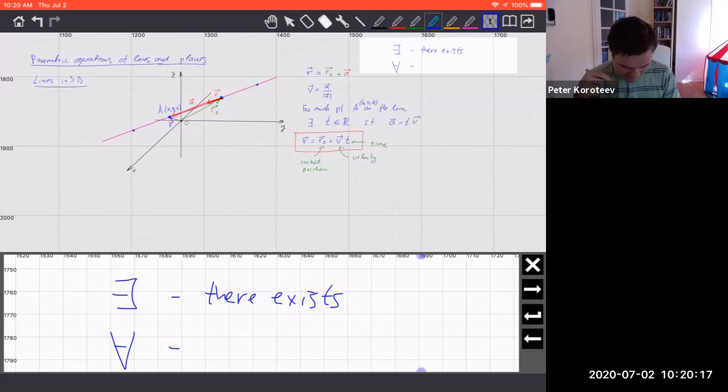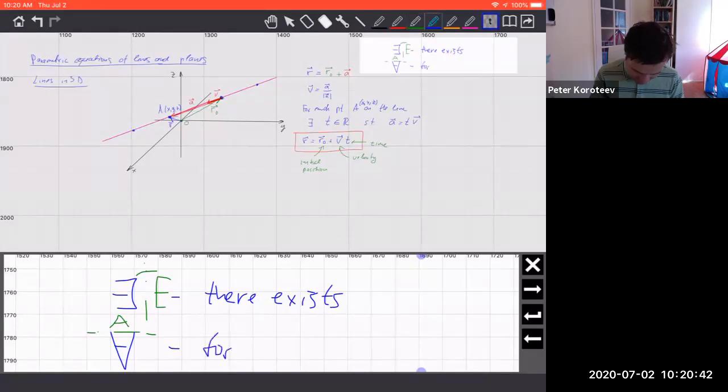Now I draw another symbol. It's the inversion of which letter? Here you can do the mirror reflection of E. If you do a mirror reflection of this, you'll get A, right, and this symbol means for all.